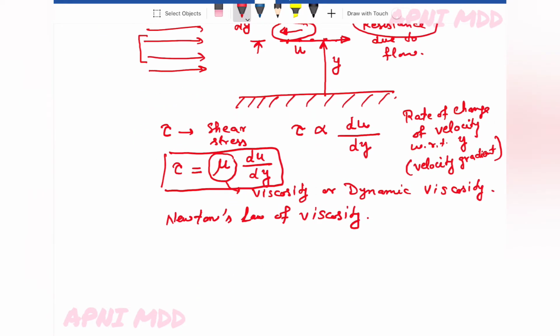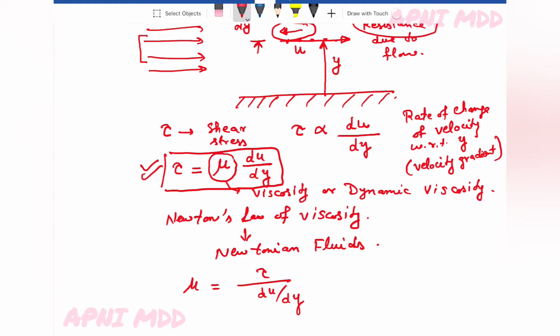As we earlier studied, the fluids which obey Newton's law of viscosity we call Newtonian fluids. Now next we try to define the term mu, the viscosity. From this relation you can write mu is equal to tau divided by du by dy.